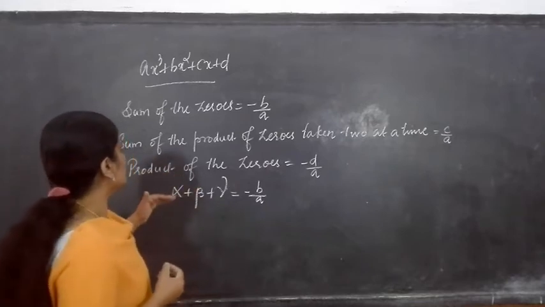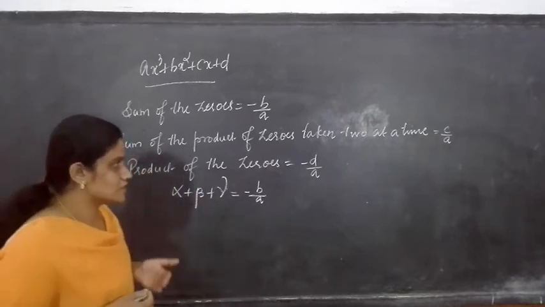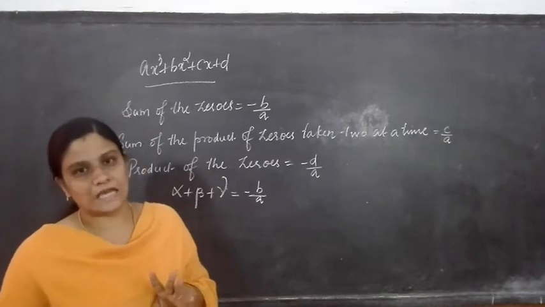The second one, the sum of the product of the zeros taken two at a time.